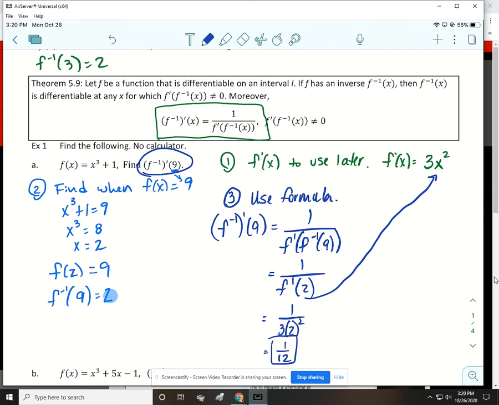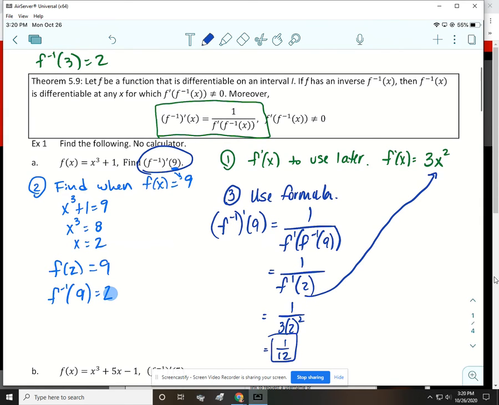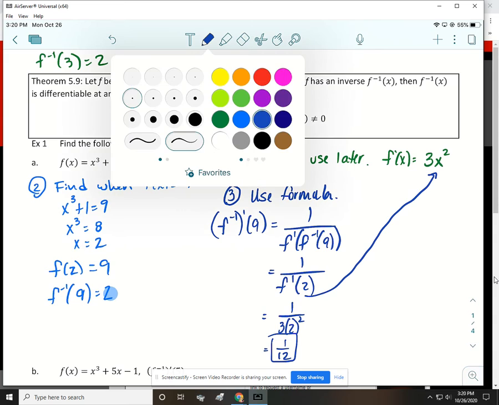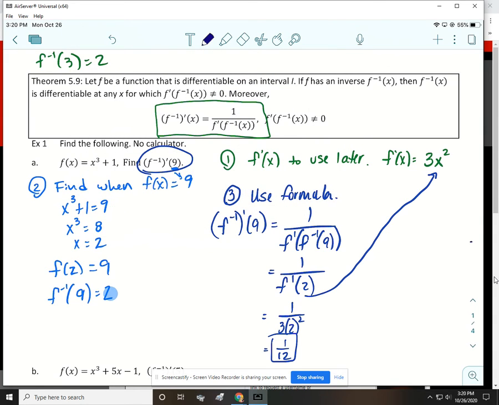Okay. Now just one other thing, like what you can take away from this and from the activity you did before is that we know, we're looking at f of x, we know the point (2, 9) is on there. Because when I put in 2, you get 9. All right, and then for f inverse of x, I know the point (9, 2) is on there.